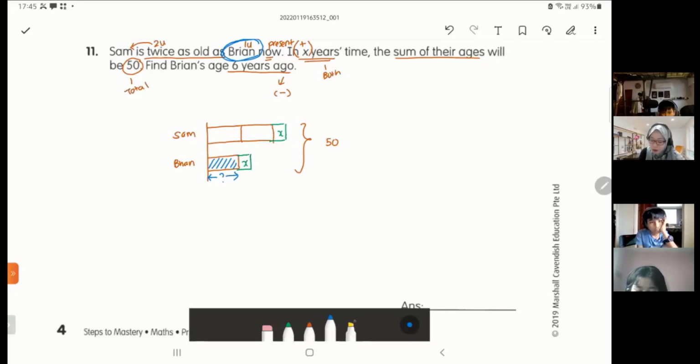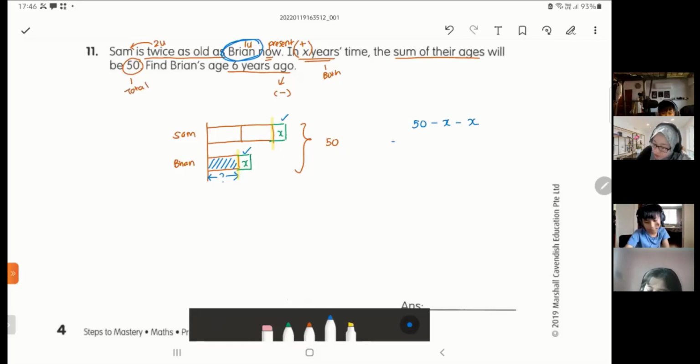Now, let's look at this. You can see the extras going around. Where are the extras? The extras are the x's. This and this. These are extra. So what I need to do is take away the extra. So 50 minus, how many x are there? Minus x, minus x. This is 1x, this is 2x.